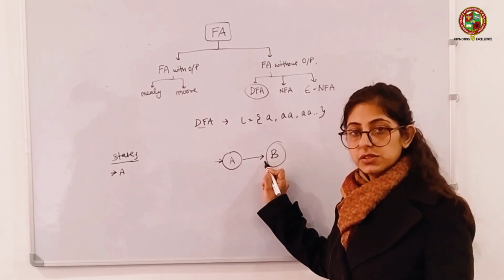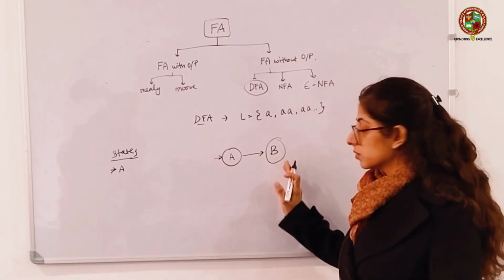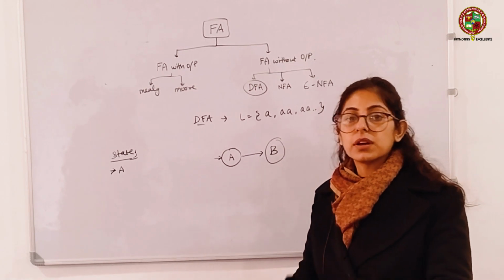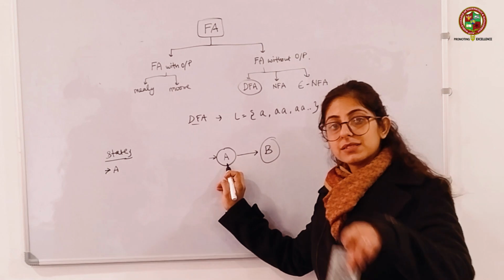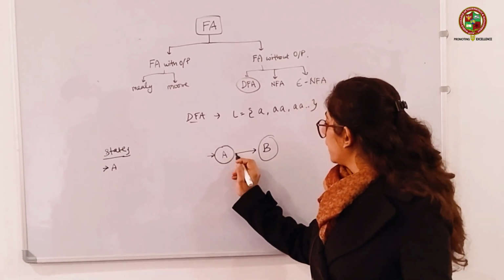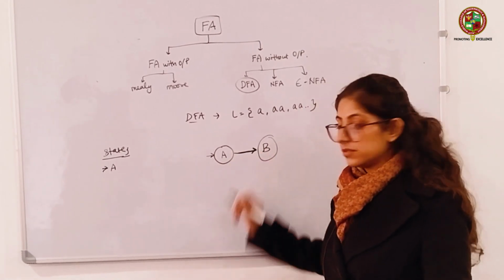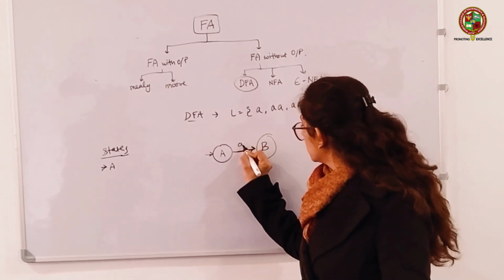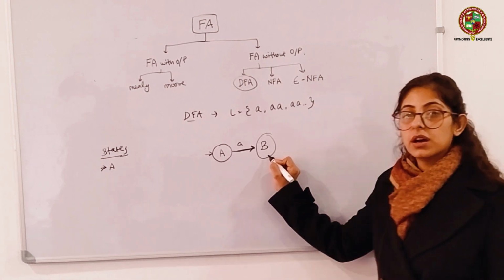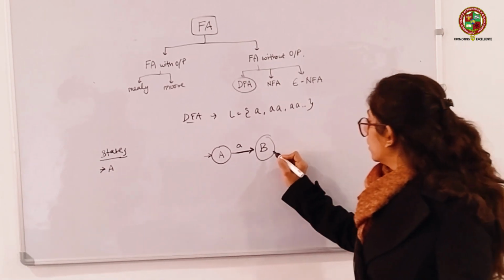Okay, and this is the transition. We are going from this to this. Whenever we give some input, what is it going to do? It is going to sit on this state A, and then through this transition go to another state B. On seeing this A, I am going to another state B.